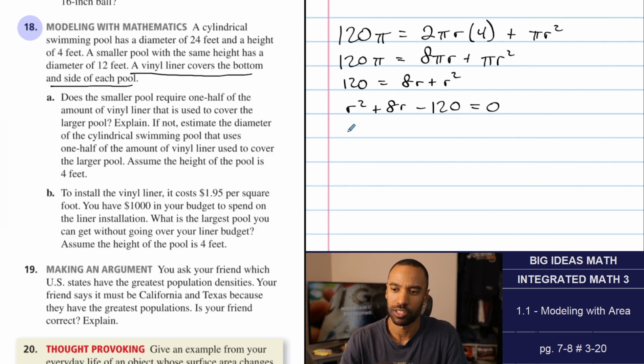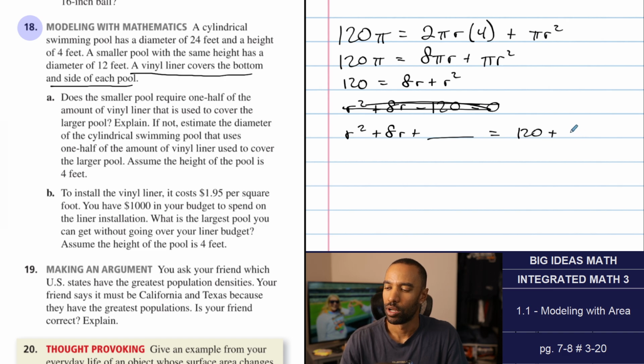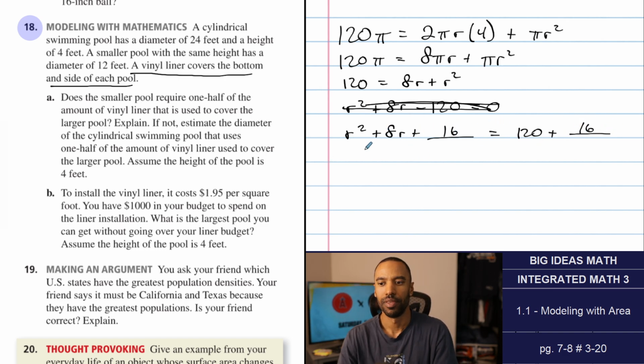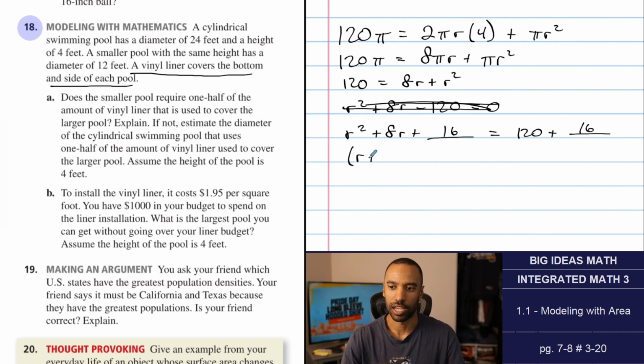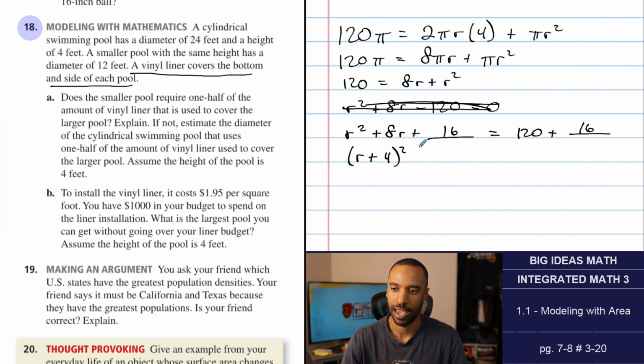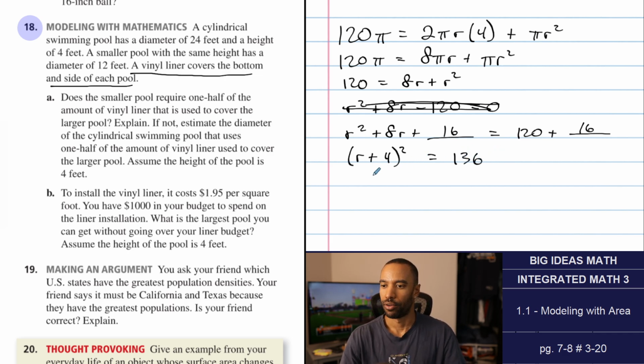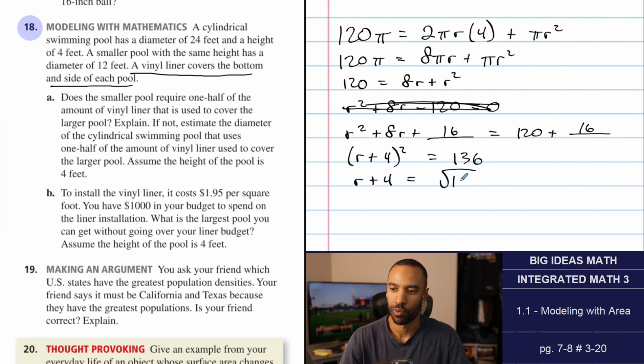Let's do completing the square. r squared plus 8r plus blank equals 120 plus blank. Divide this by 2 and square. Yeah, this is not factorable. So this is completing the square, something you would have done in IM2. You can also use the quadratic formula. So 136. Take the square root of both sides. r plus 4 is plus or minus the square root of 136.